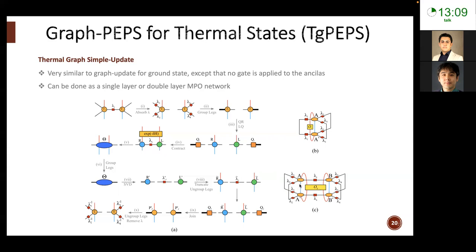However, there are these blue legs, which are the ancillary degrees of freedom, which have been traced out by contracting them together. Okay, so this is how you can use the algorithm to study the thermodynamics of quantum many-body Hamiltonians on generic lattice structures in generic dimensions.